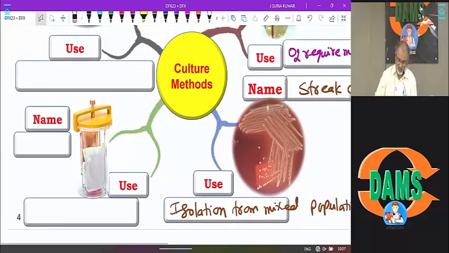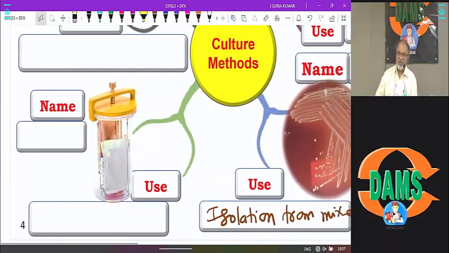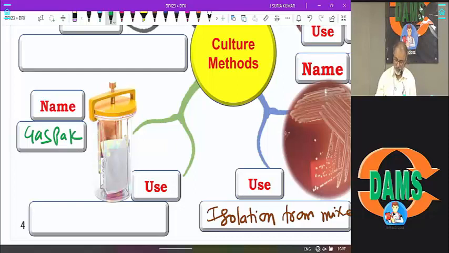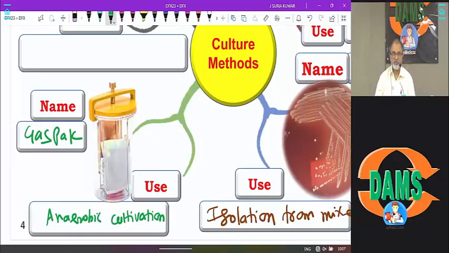And what is it? This box with a pouch. We call it gas pack system, for cultivation of anaerobes. Very good.